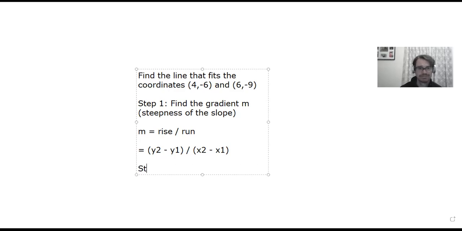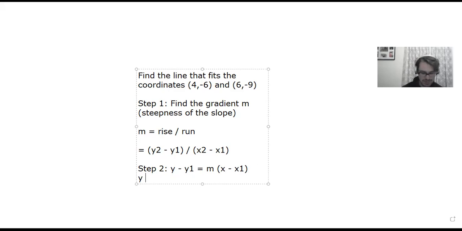So after we found that, we use a formula: y minus y1, so that's the y coordinate, or we can use y2, equals m times brackets x minus x1. That's the x coordinate.